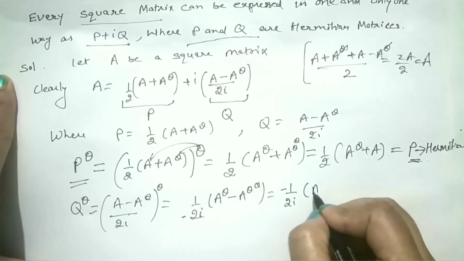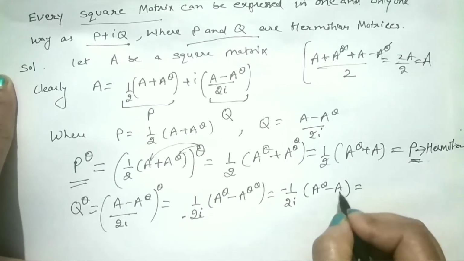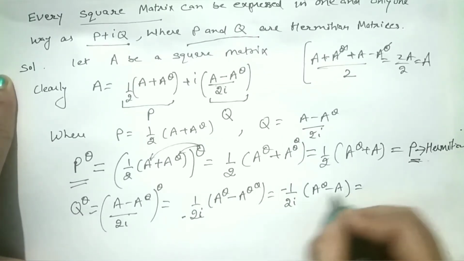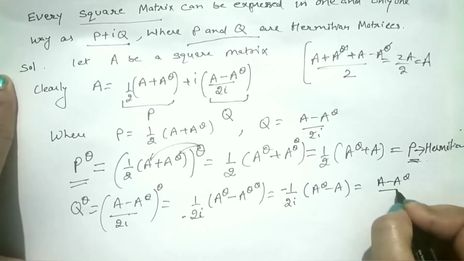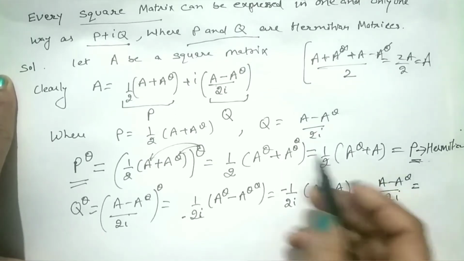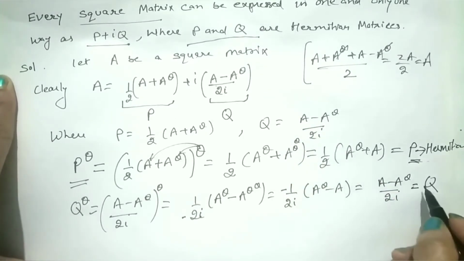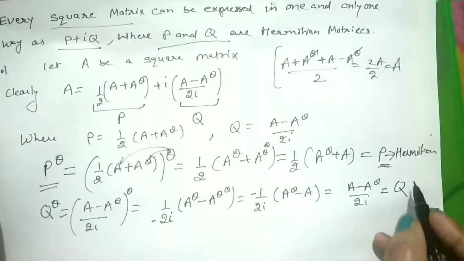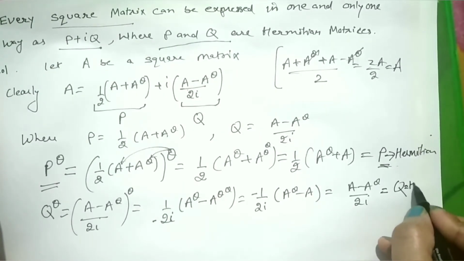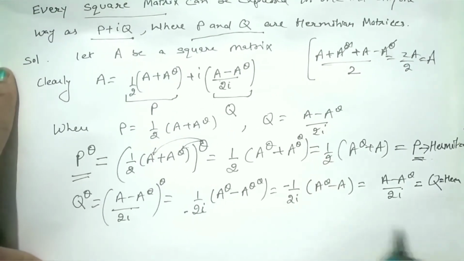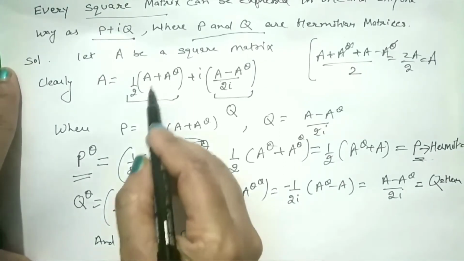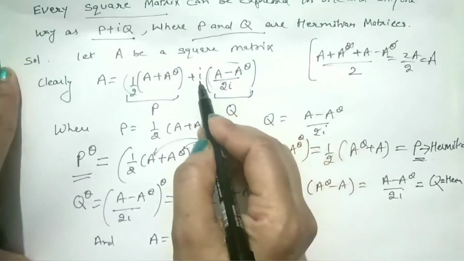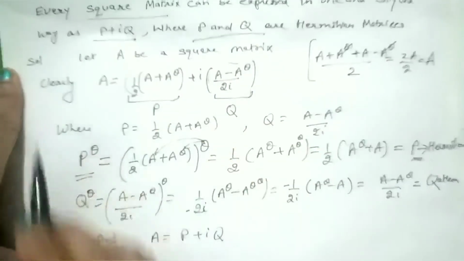It will be A theta minus A. Now we take the minus sign common from this bracket so that we can adjust this minus. So it is A minus A theta upon 2 iota, which is the value of Q. So you can see Q theta is Q, which means Q is also Hermitian. So both the matrices P and Q are Hermitian, and A is P plus iota Q, because this is our P, this is Q, and with Q we need iota so that it will be equal to A.